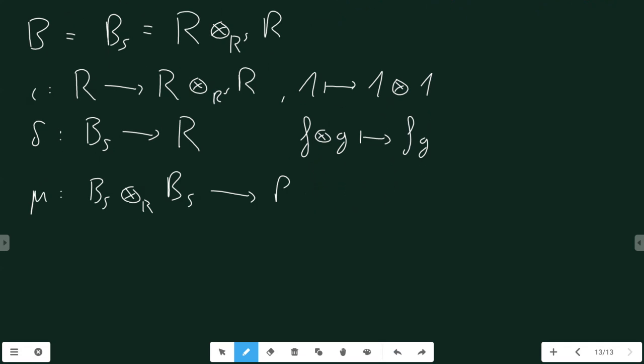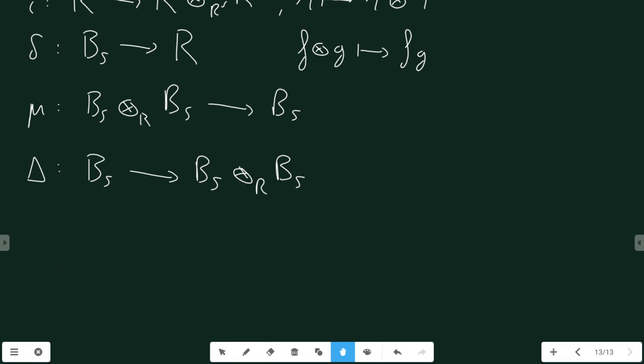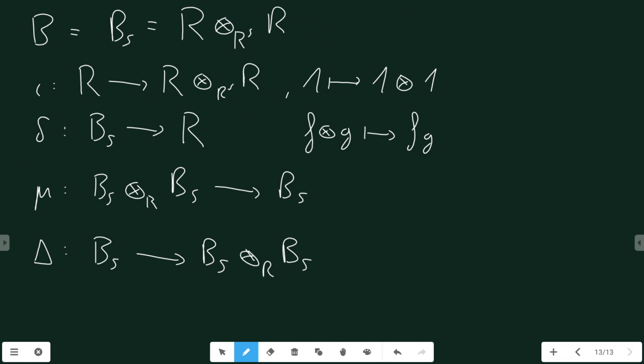to BS. I will write it down in coordinates in a second, and there's a delta map from BS. I will write it down in coordinates in a second, such that, and here's my notation for them. This was a map, this one from above, and this is a map, this one from above.